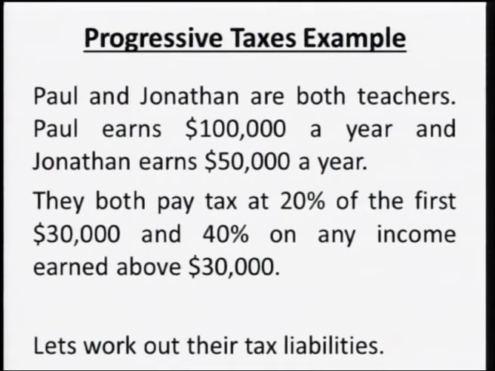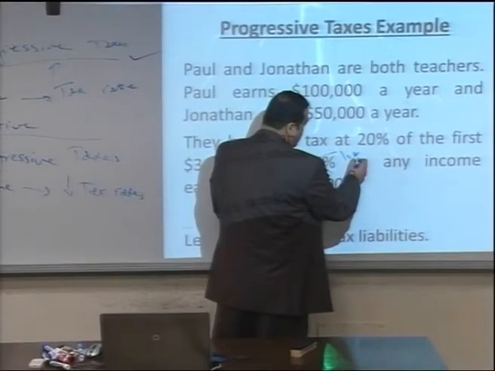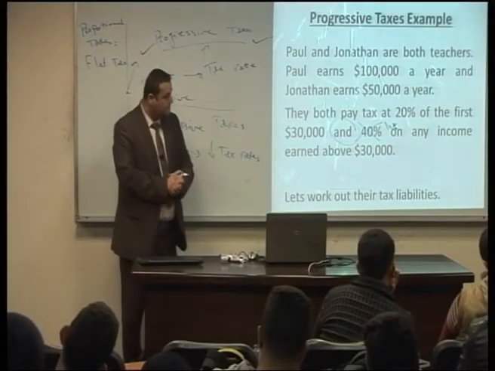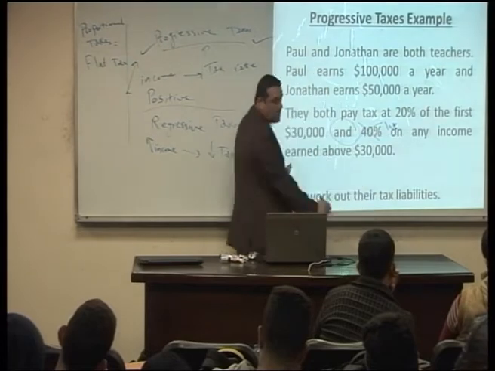The first part is the same here: they both pay tax at 20% of the first $30,000. And here we're talking about regressive taxes. Instead of 40%, let it be 10%. What do you see? What is the result here?